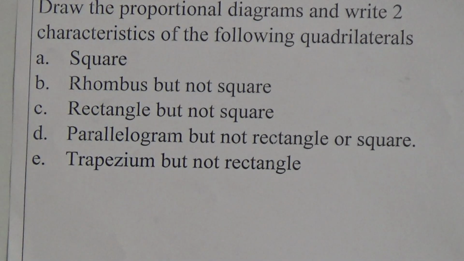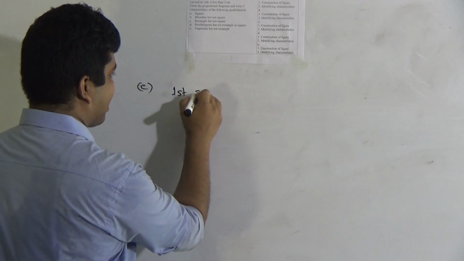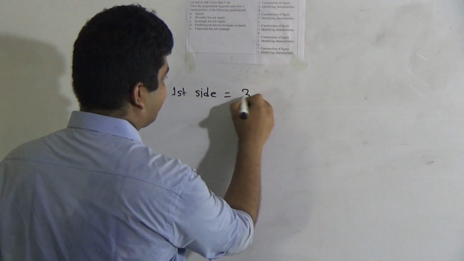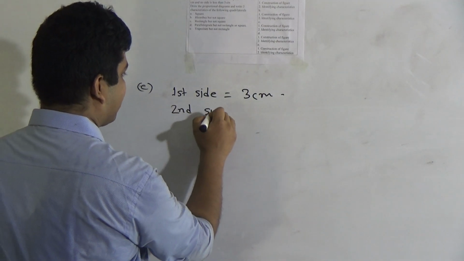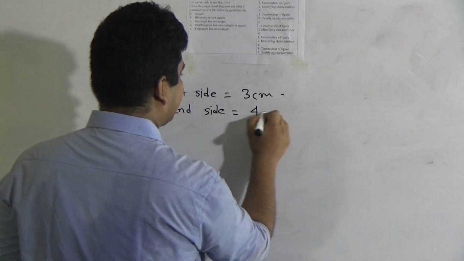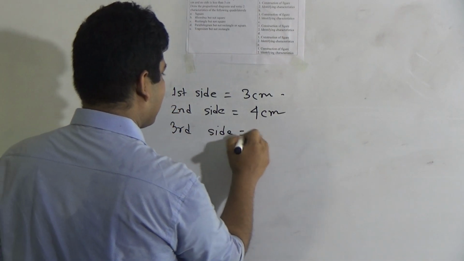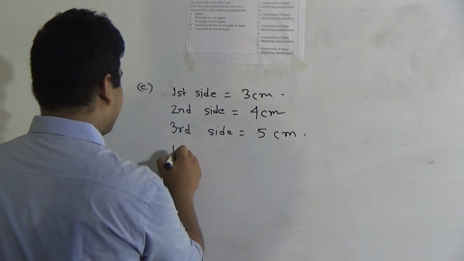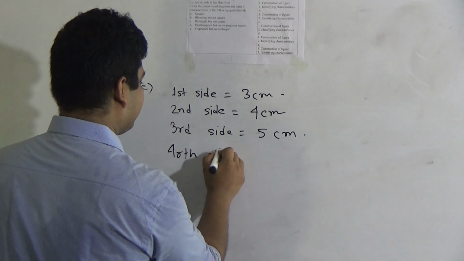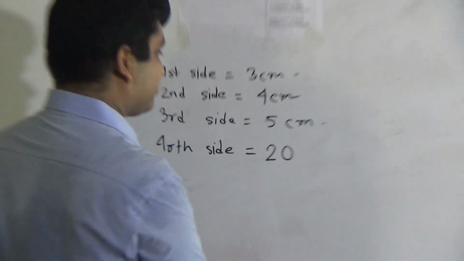Now notice E number, smallest side, first side equal to 3 centimeter. Then consider second side will be 4 centimeter. Third side will be 5 centimeter. Okay, then what will be the fourth side? We subtract the measurement of these three sides from the total.